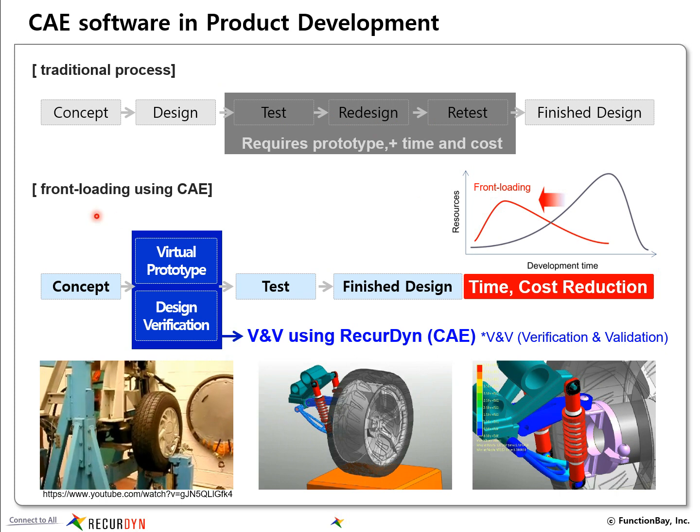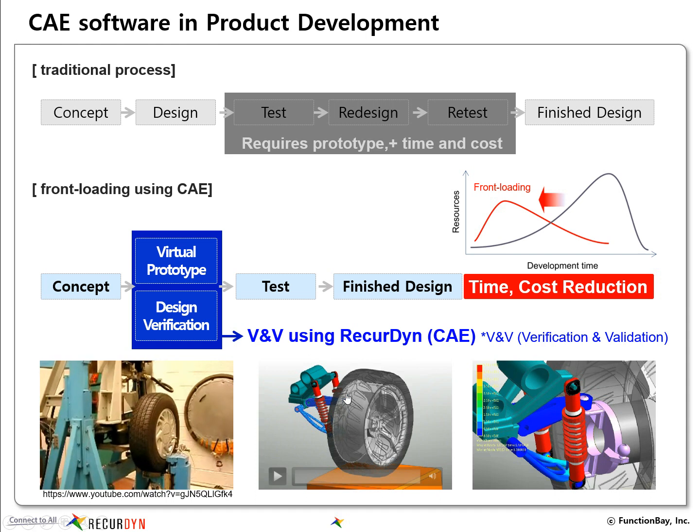If CAE is used, a significant portion of the design and test can be virtualized. This allows to save considerable time and cost, especially if the product is very fragile or related to human safety, or the product cannot be tested in the real environments. For example, satellite, CAE is the only solution for those cases.